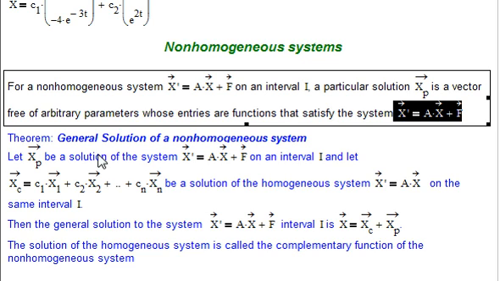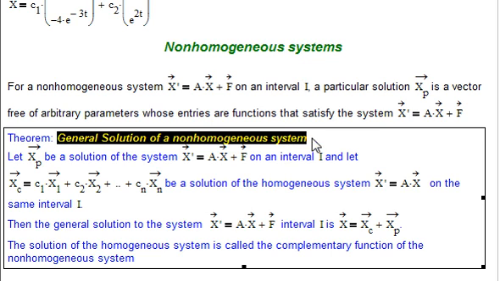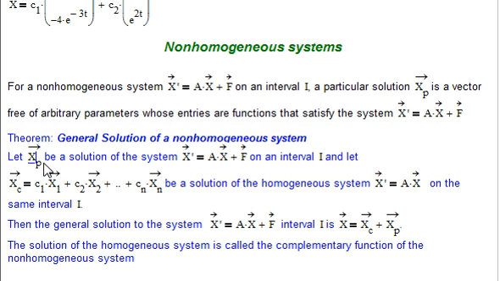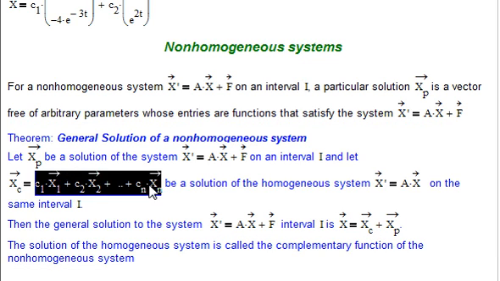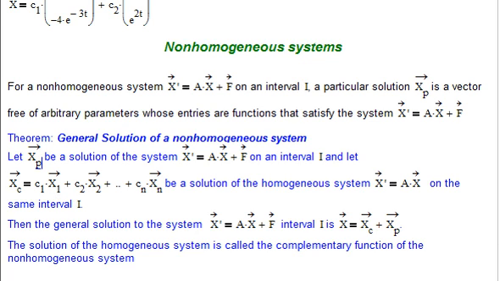So the general solution of a non-homogeneous system: if we have a vector xp, a particular solution of the system x prime equals matrix A times vector x plus f on an interval I, and let xc be the solution of the homogeneous system that doesn't have that f attached on the same interval I, then the general solution to this system is our xc, that's this big thing, plus our xp, the particular solution.